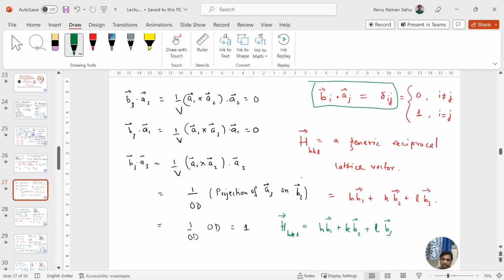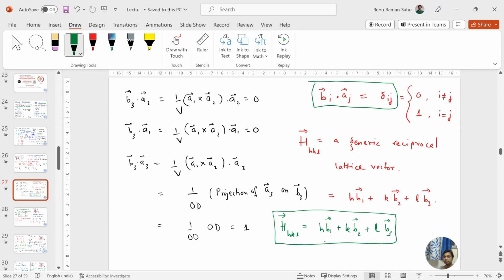So let us say we have a vector H of hkl, and it is defined as a linear combination of these unit vectors b1, b2 and b3. So it is h b1 plus k b2 plus l b3. This is a vector sitting in the reciprocal space.